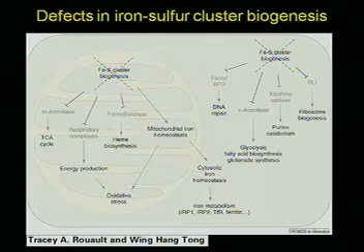if you don't have enough frataxin, iron-sulfur clusters are made very inefficiently. And I told you these are made in mitochondria. So you will have, first of all, a number of consequences that are summarized in this slide. You don't make enough of these iron-sulfur clusters. You, of course, will have deficiency in the function of all these proteins that need iron-sulfur clusters.